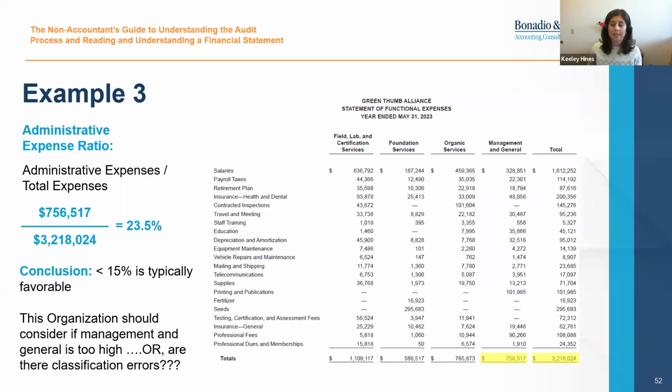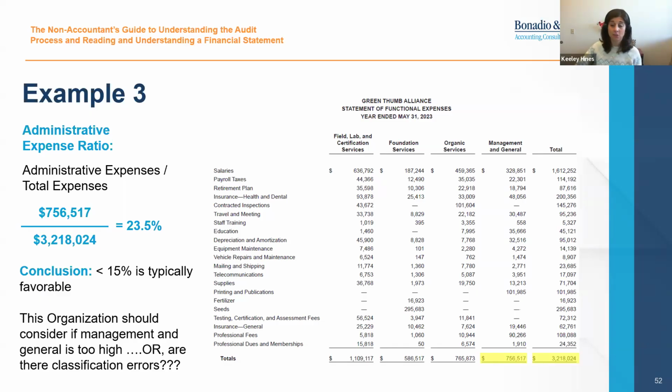23.5 is a little high compared to what the ideal ratio is. But again, you have to consider if this is what is needed to run the organization, or in some cases, it might mean that something's not classified properly.